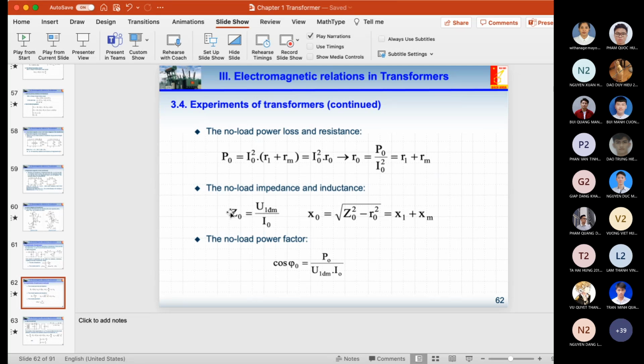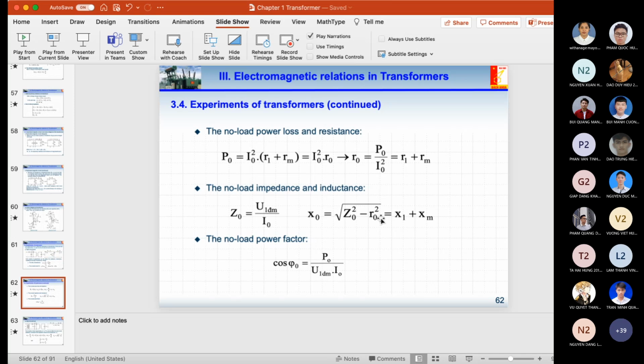You can see Z0 is equal to this divided by this. And once we get Z0 and R0, the resistance, it is very convenient to deduce the inductance, which is equal to a square root like this.